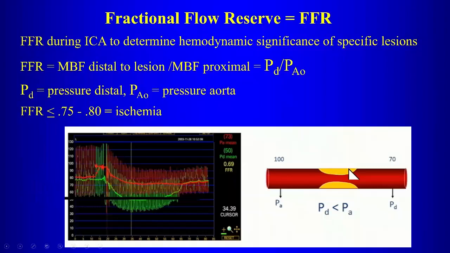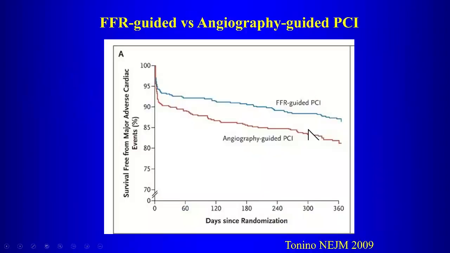They measure the pressure under conditions of maximal vasodilation, so they give medications for maximal vasodilation. Then they measure the pressure distal to the stenosis and compare that to the pressure in the aorta. If that number is less than 0.75, that indicates that this lesion is causing a physiologically significant amount of stenosis. That is the principle of fractional flow reserve.